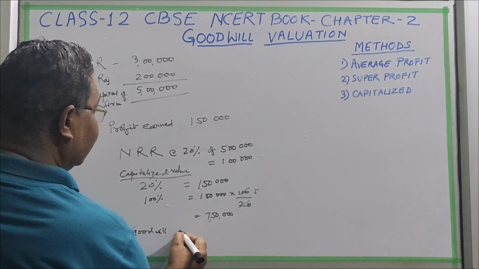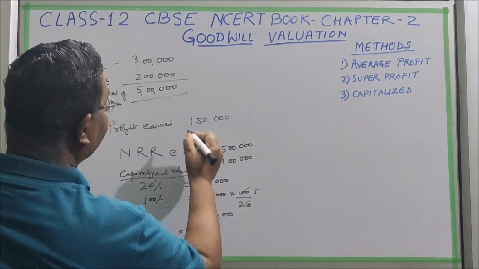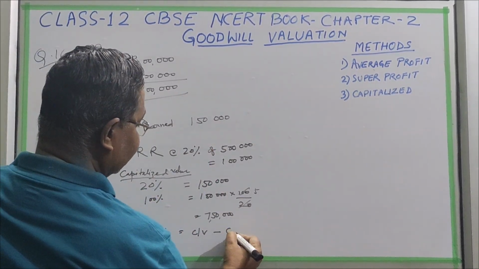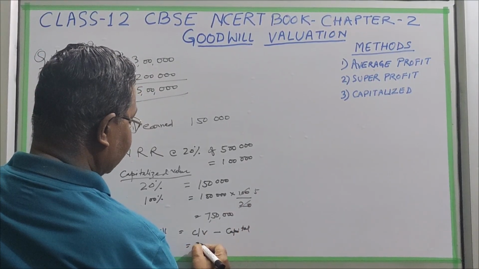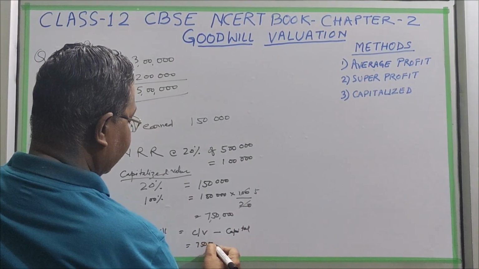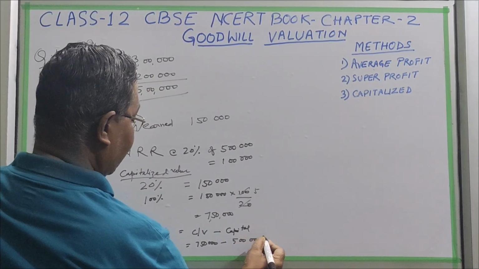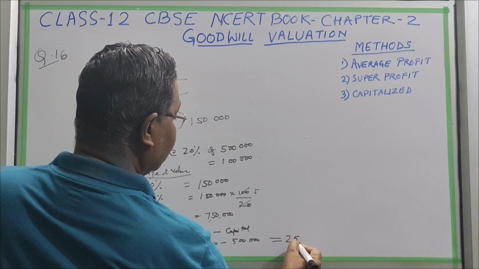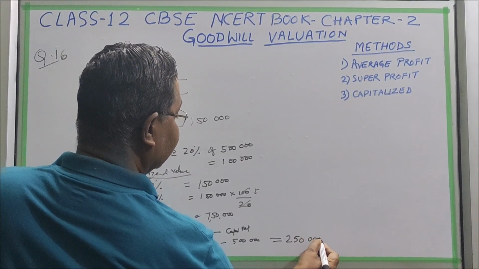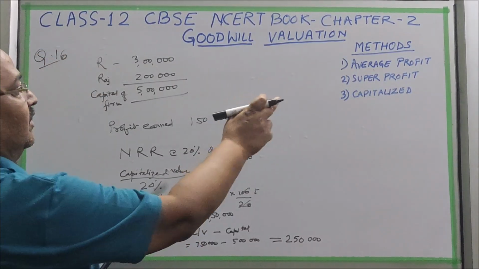Goodwill will be equal to capitalized value minus capital. The capitalized value is 7,50,000 and the capital is 5 lakhs, so the goodwill of the firm is 2,50,000. Okay, so this third method is over.